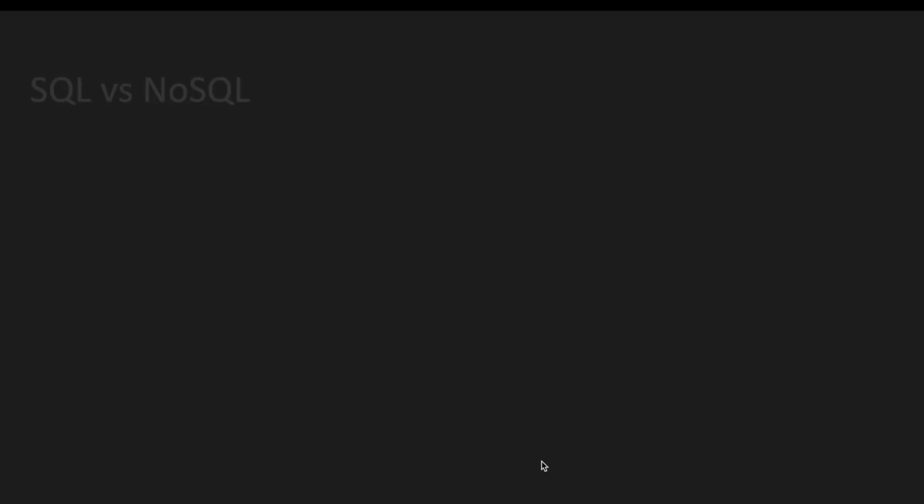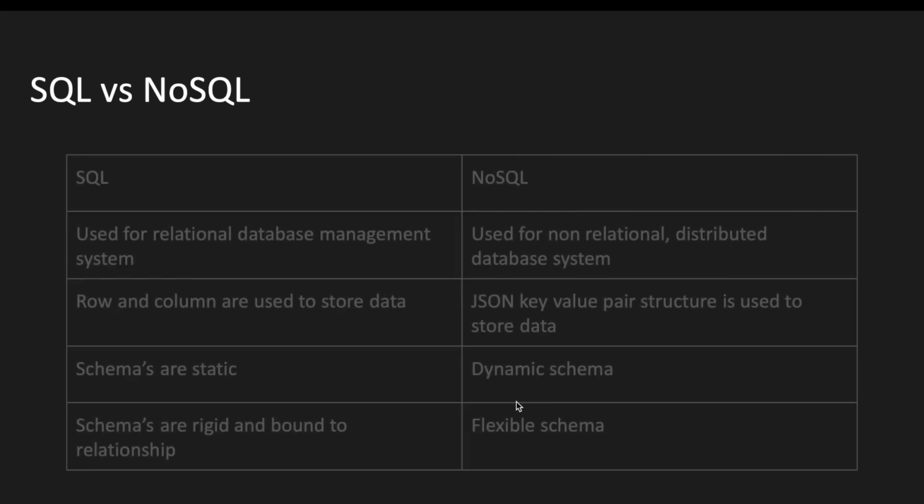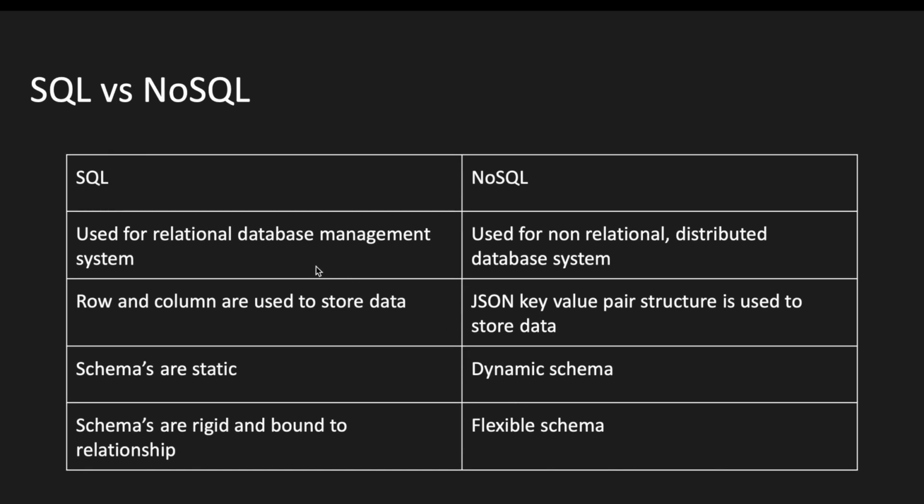So let's see now the differences between SQL and NoSQL databases. In case of SQL, it is used in a relational database management system, meaning here we can put a relationship between two tables, whereas NoSQL is used for a non-relational distributed management system. Rows and columns are used to store the data, whereas in NoSQL a JSON key value pair structure is used to store data.